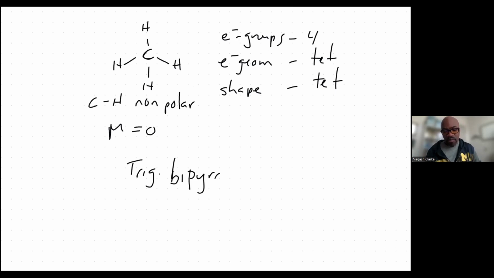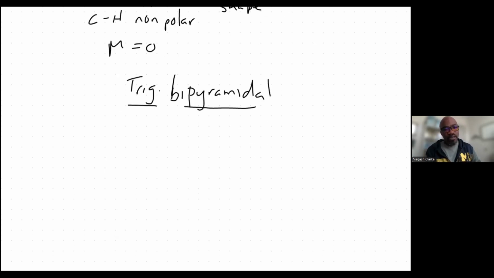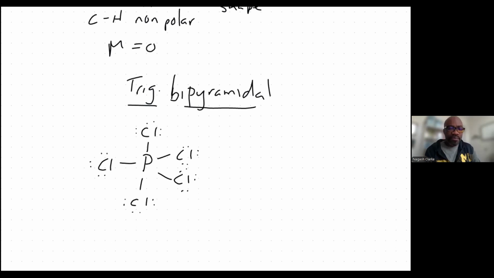This shows you what happens if you have molecules that have 5 atoms around the central atom.